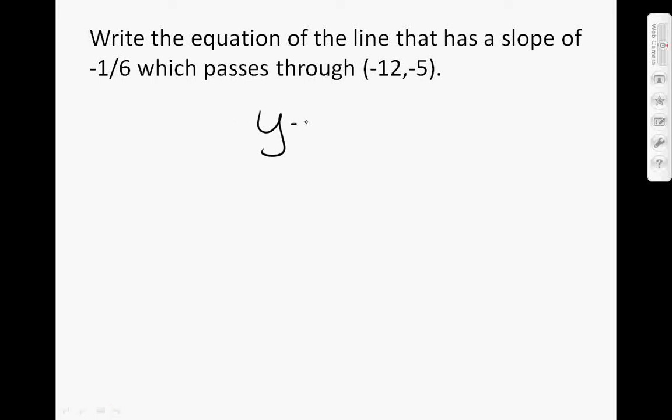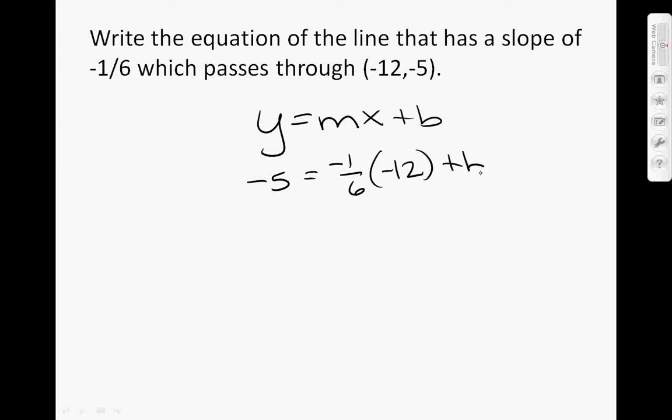We have y equals mx plus b. I'm going to plug in negative 5 for y. I'm going to plug in negative 1/6 for the slope and negative 12 for x. Leave b alone. So negative 5 equals negative 1/6 times negative 12 is positive 2 plus b, okay?